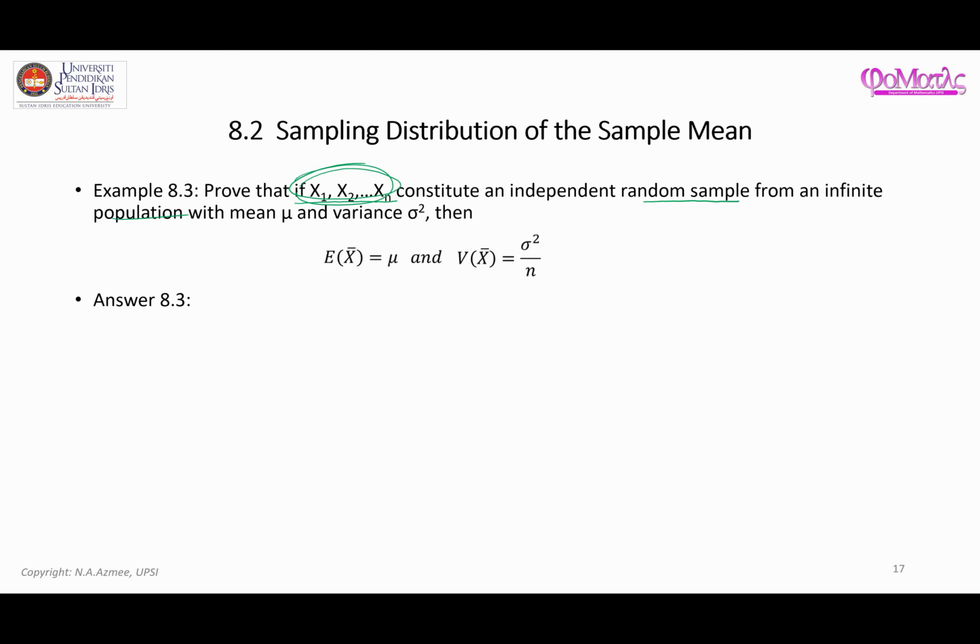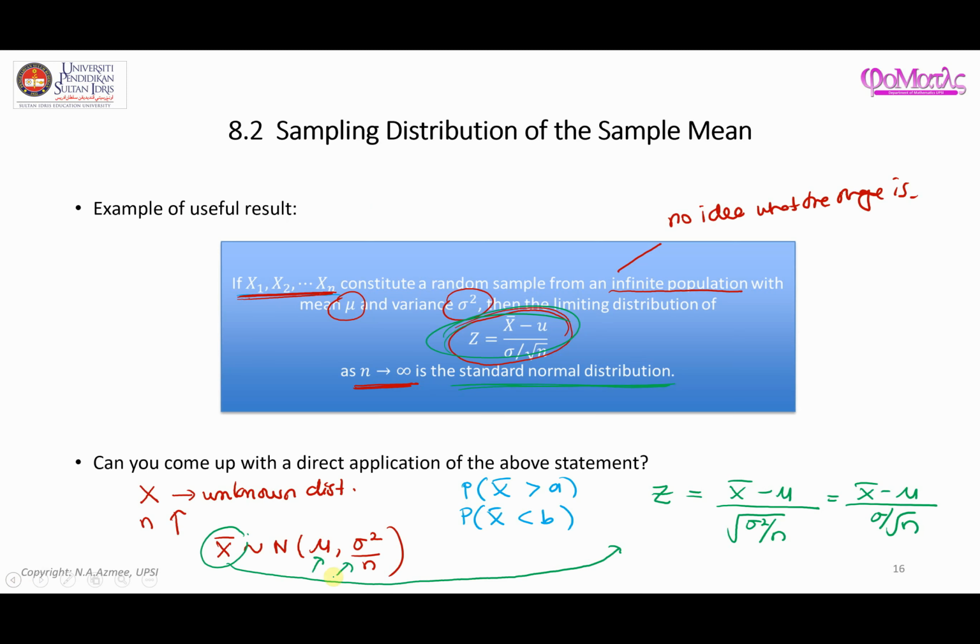And we are going to show that the expected value of x bar is mu and the variance of x bar is given by this one. We're going to show that this result is true. The expected value of x bar is mu, and sigma squared over n here is the variance of x bar.